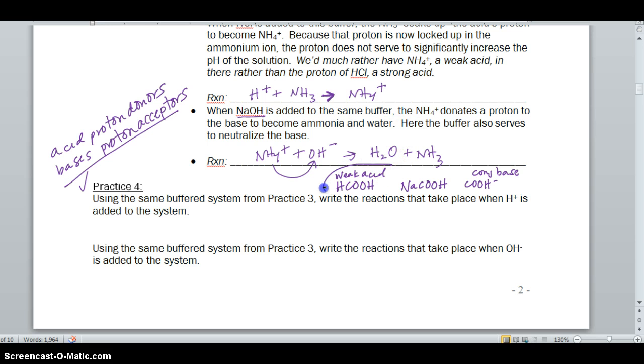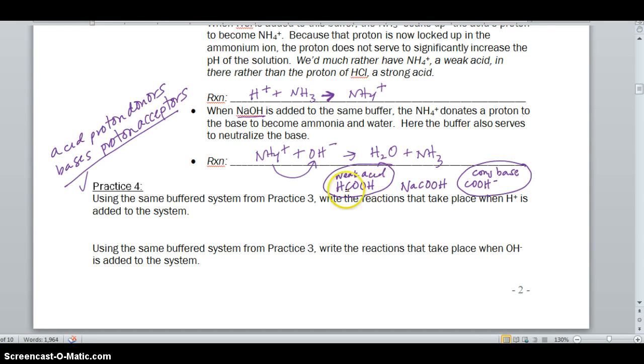So I want you to picture this weak acid sitting in the beaker and the conjugate base sitting in the beaker. If I throw an acidic stress, so if I were to add protons, the acid can't do anything about it as far as resisting pH changes, but this base certainly can, right? So this says use the same buffered system and write the reaction that would take place.